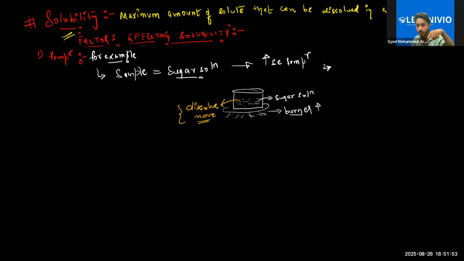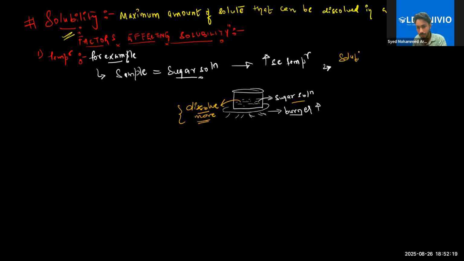What you are doing then is providing energy from the external environment. You are doing the stirring because you need to increase the solubility. So if I increase the temperature, my solubility increases.